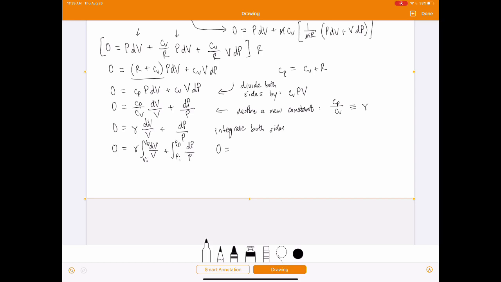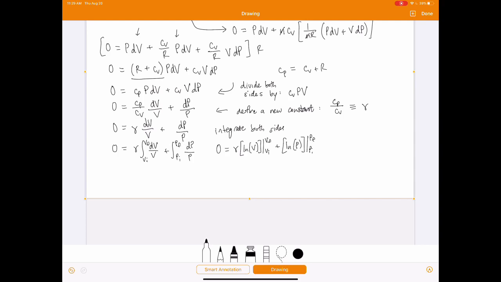It's a natural log. When you have 1 over V, that integrates to the natural log of V. So I'm going to have gamma, and then natural log V, evaluated from initial to final. And then natural log P, evaluated from initial to final.